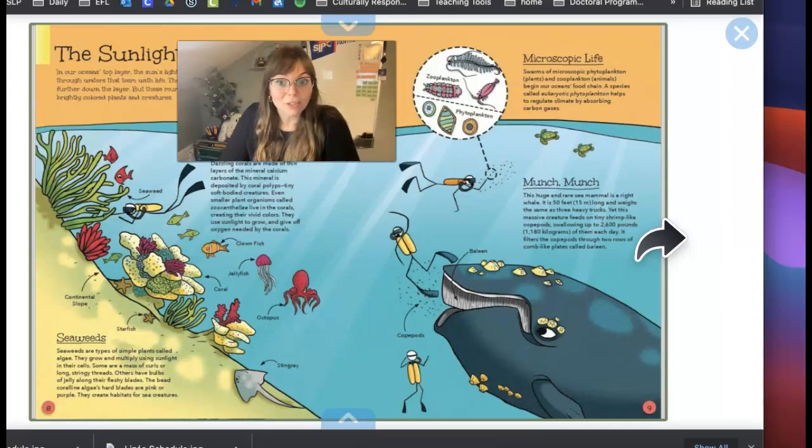That is so much. It filters the copepods through 2 rows of comb-like plates called baleen. Here's their baleen. It looks like bristles on a brush. And these are the copepods. These are the microscopic life, zooplankton, animals, and phytoplankton, plants.